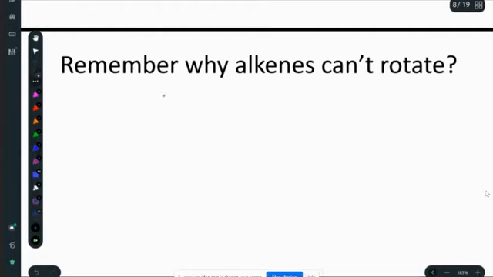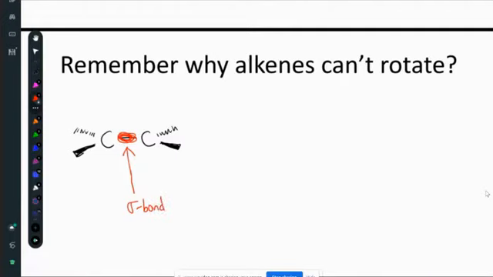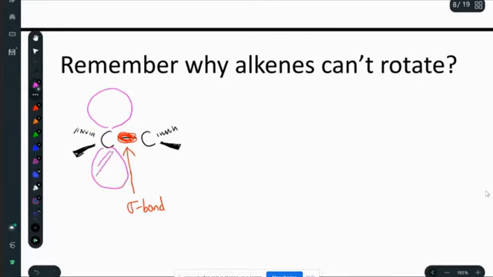Well, I want you to remember, if I have a double bond between 2 carbon atoms, there's going to be a sigma bond right between the 2 atoms. I'll just draw that here like this. But then my second bond is going to be between parallel p orbitals on the 2 atoms. So I'd have a p orbital on the atom on the left, a p orbital on the atom on the right.